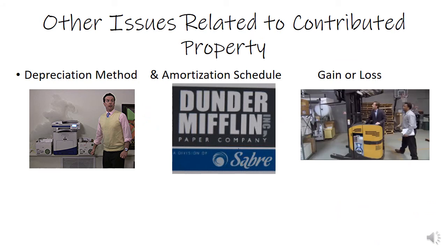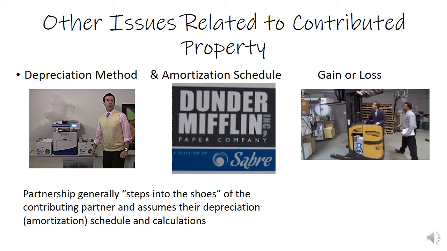Now let's talk through a couple of other issues related to contributed property. First, depreciation method and amortization. The partnership generally steps into the shoes of the contributing partner and assumes their depreciation schedule and calculations. So if Pam Beasley contributed printers, the new partnership would use the same schedule for depreciation as Dunder Mifflin did.